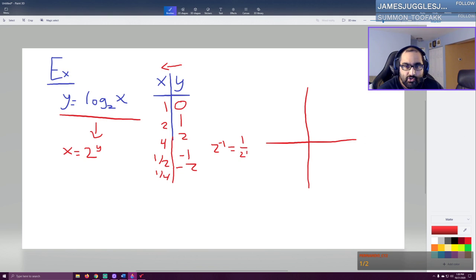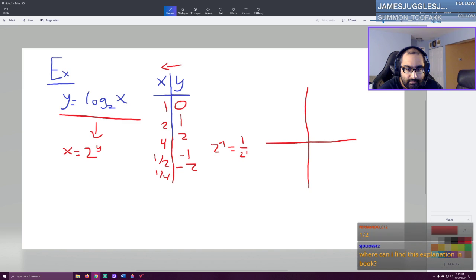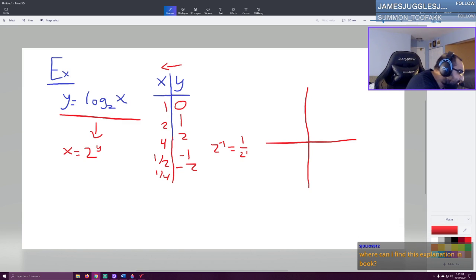So if we take a look here at this, and let's the explanation for the logarithmic function. Yeah, there's a page for that. That is on page. Okay.